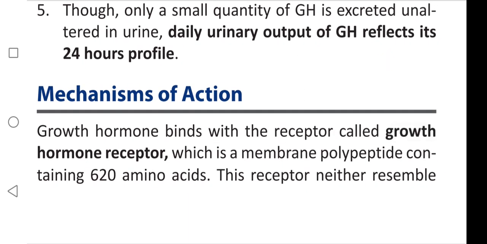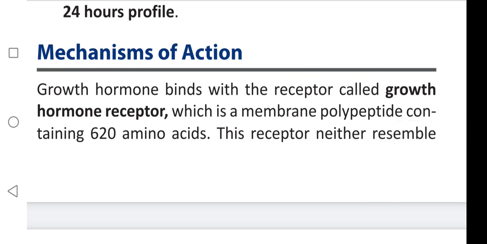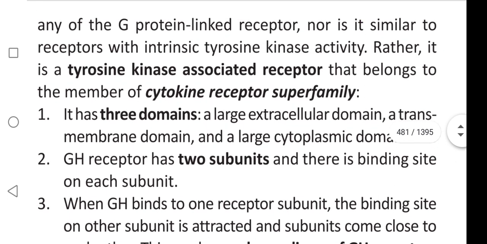Mechanism of action. Growth hormone binds with the receptor called growth hormone receptor, which is a membrane polypeptide containing 620 amino acids. This receptor neither resembles any of the G protein linked receptor nor is it similar to receptors with intrinsic tyrosine kinase activity.